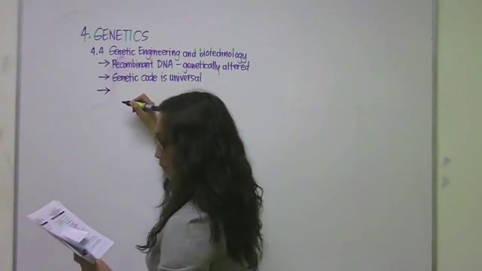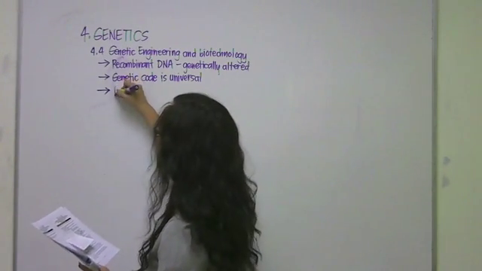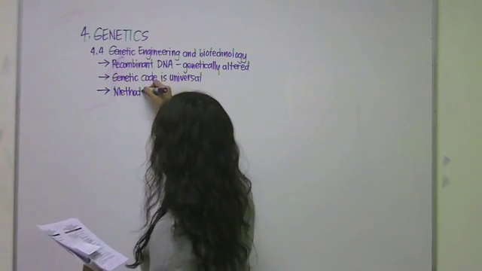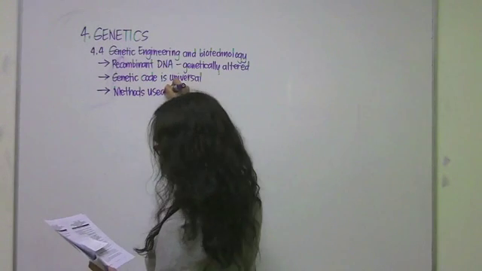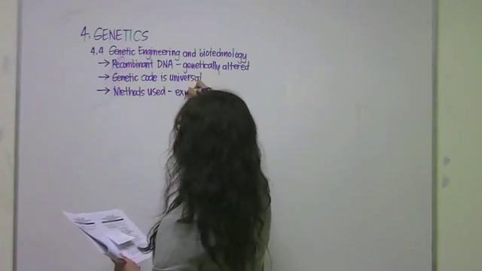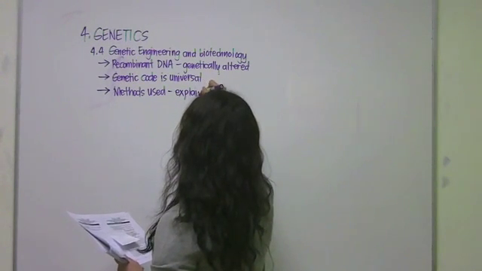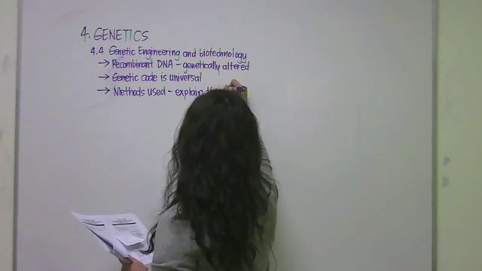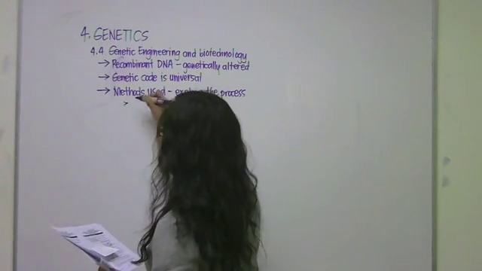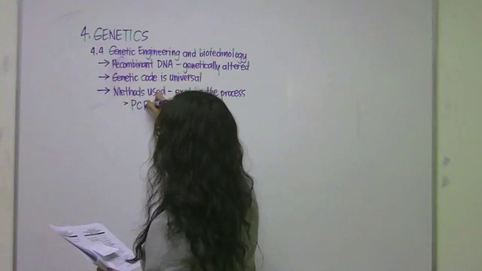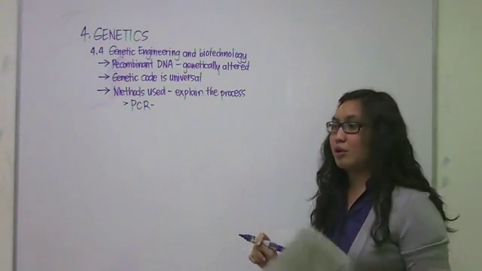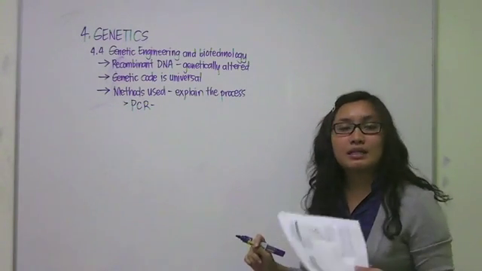Now, in the process of genetic engineering, we have to include the methods that are being used. And of course, we have to explain what the processes are and their goals. For example, we have the PCR, or the polymerase chain reaction. The goal of the PCR is to amplify minute quantities of DNA.